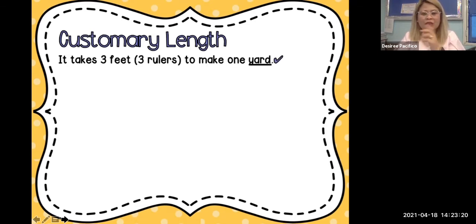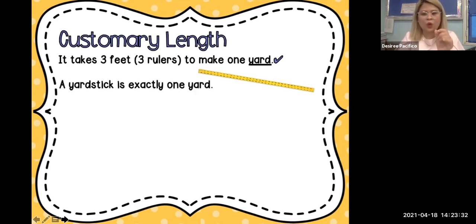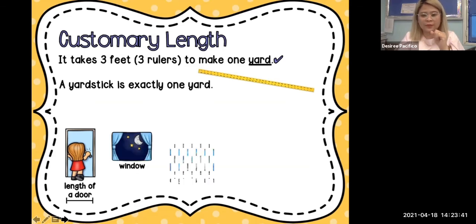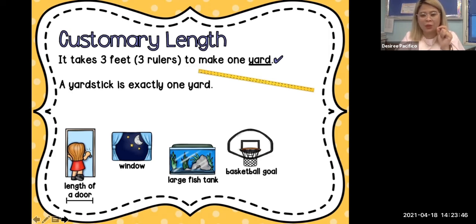Okay, it takes 3 feet or 3 rulers to make 1 yard. Yes, the next unit is yard. A yardstick is exactly 1 yard. So we can measure the length of a door, the window, a large fish tank, a basketball goal, or a guitar. Those are the things that you can measure with a yard.